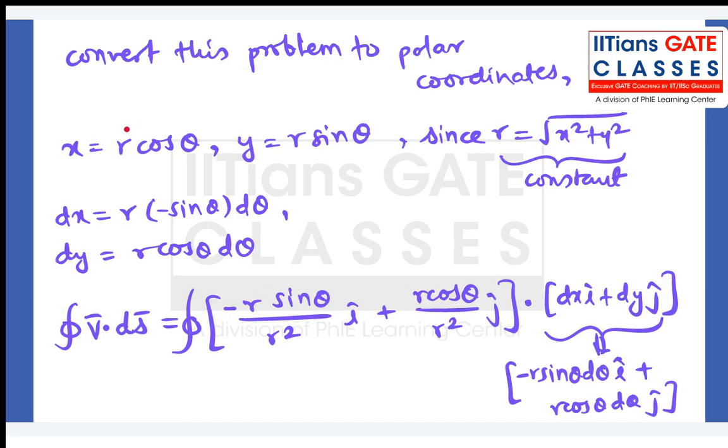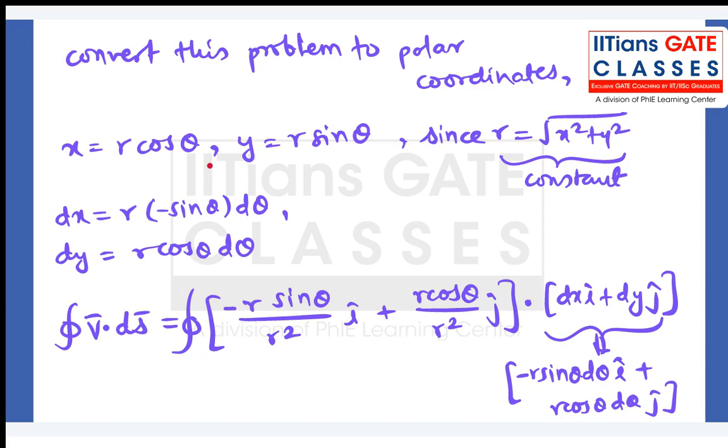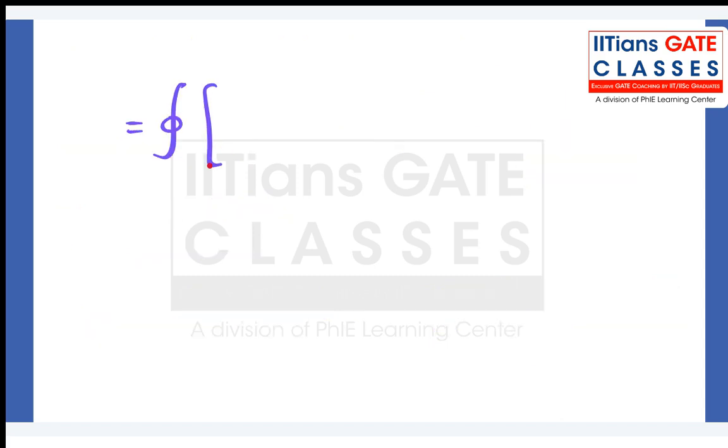If you take the dot product of the i terms, then what do you have? Basically, you are still doing this integration with respect to d theta. So one r square will get cancelled, and you'll have sine square theta d theta from the first term.